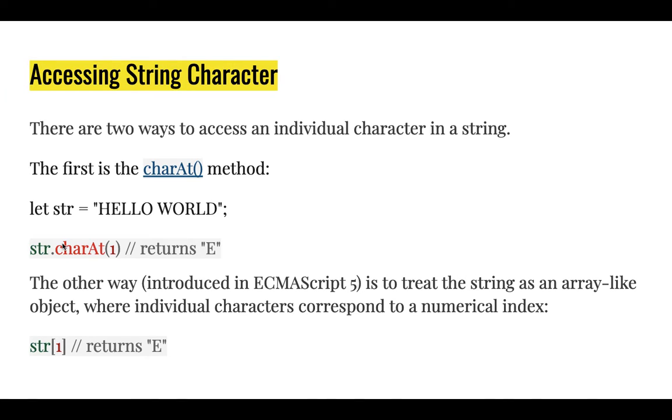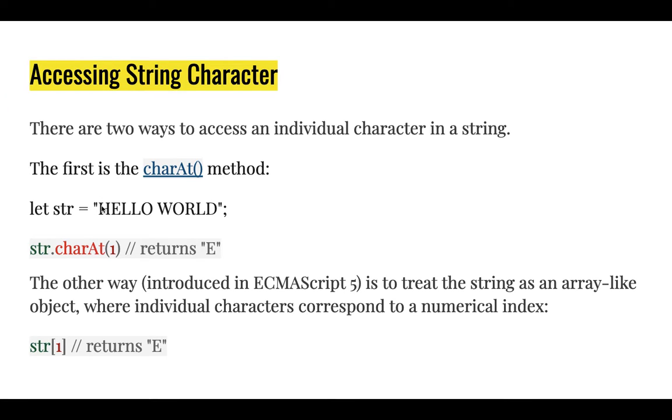So consider this example. We declared a variable str, short for string, and we said hello world. If I want to get this particular character, I'm just going to reference the index of that character. Note that it starts counting from zero.